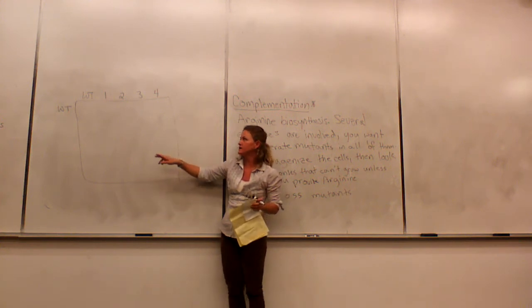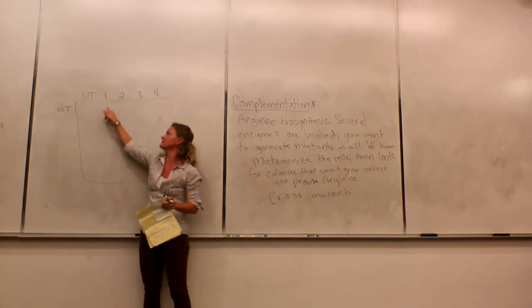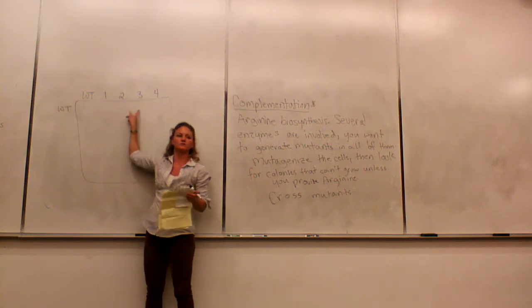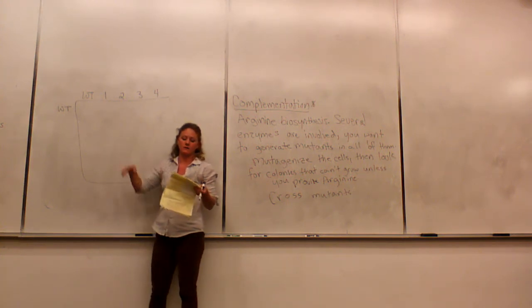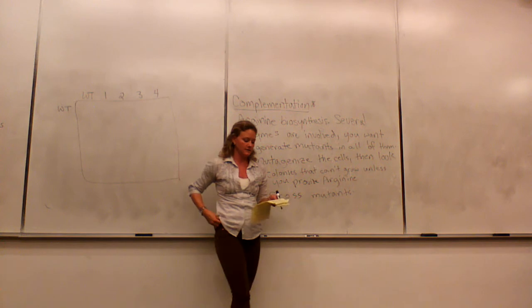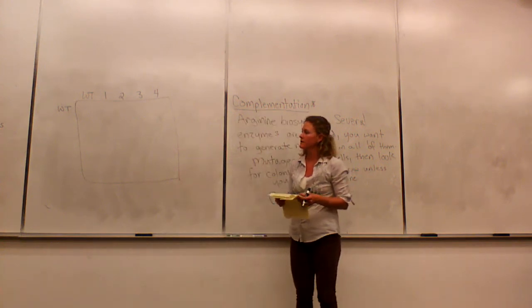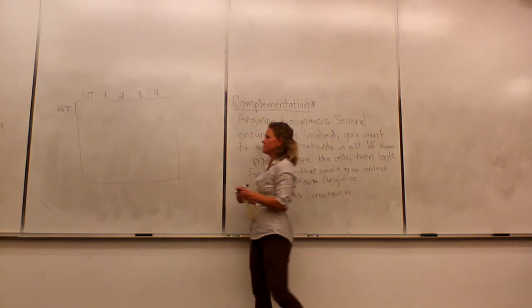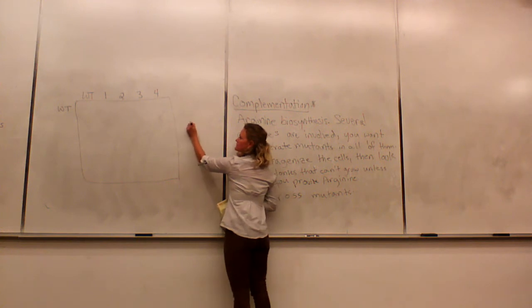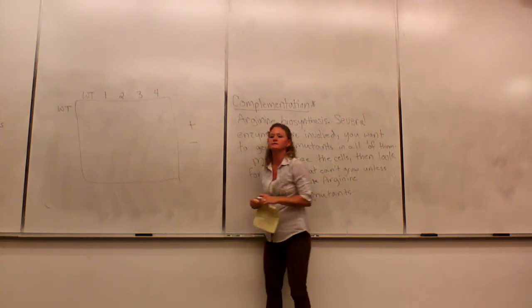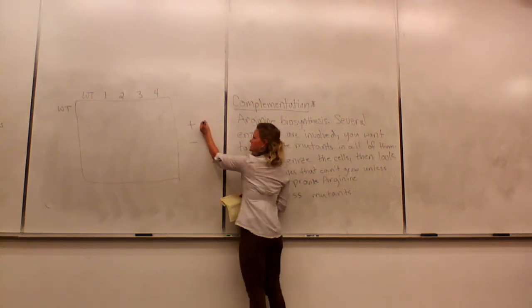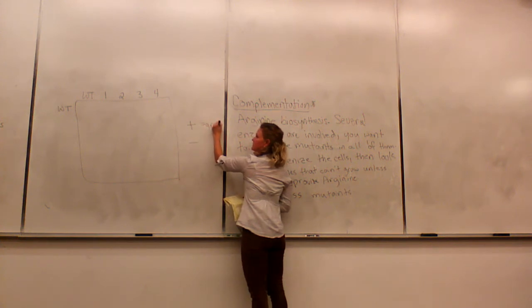So you cross wild type to wild type, you cross wild type to mutant 1, mutant 2, mutant 3, mutant 4, etc. And you're looking at whether there's growth or no growth. This is indicated by a plus or a minus. Plus means growth, and minus means no growth.